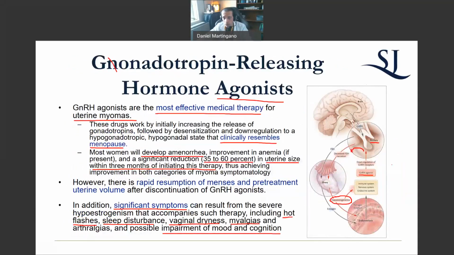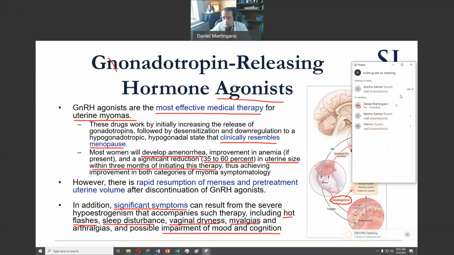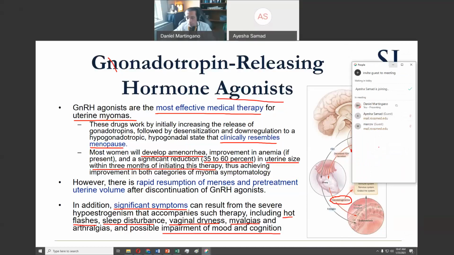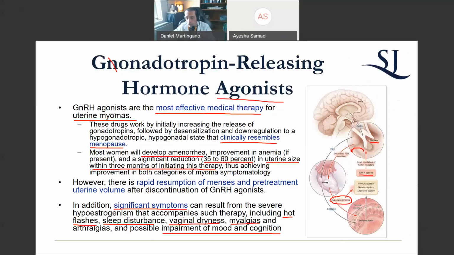Okay, and why it works is because your persistent agonism is going to cause a negative feedback loop, which downregulates the receptors in the hypothalamus, and then that will lead to decreased secretion of FSH by the anterior pituitary, and then that lack of FSH stimulation will then lead to a decrease in estrogen release, and then you essentially go into menopause. Okay.